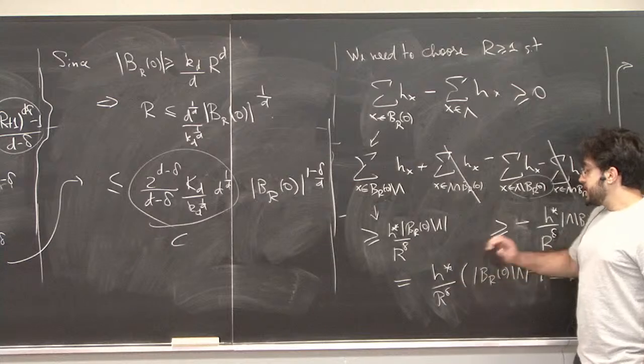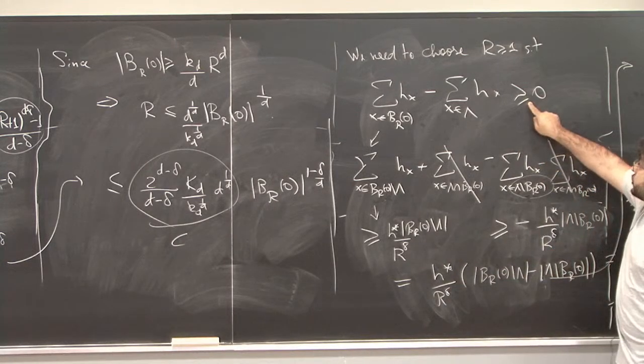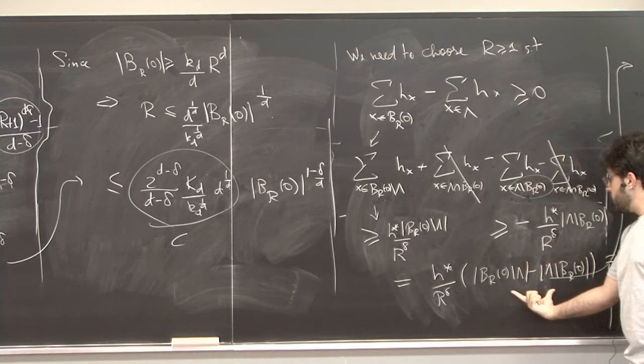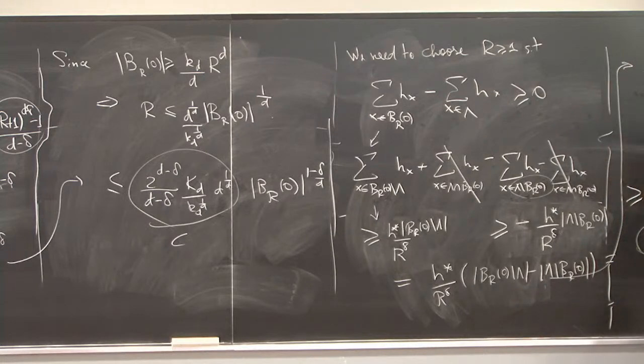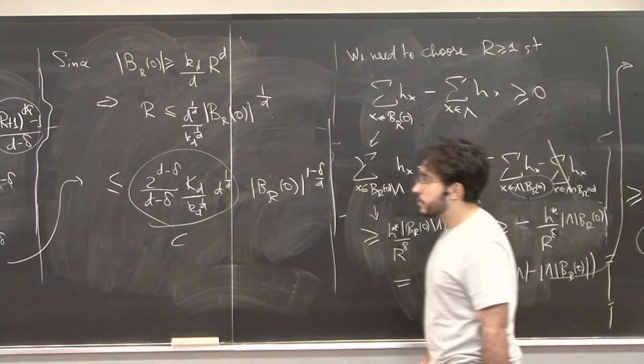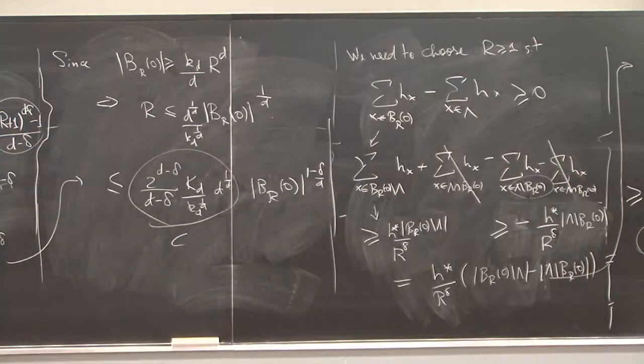R is positive, h star is positive. So if I want to show that this is positive, I just need to analyze this difference over here. So I will not erase this part. So let's go there.